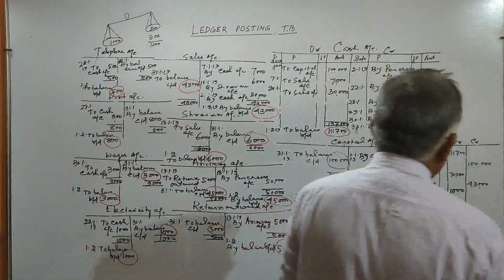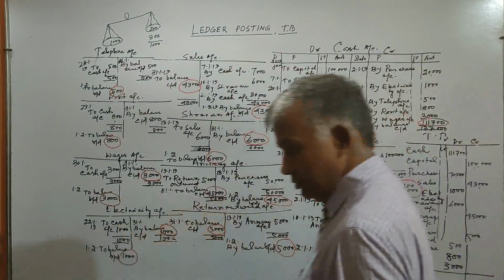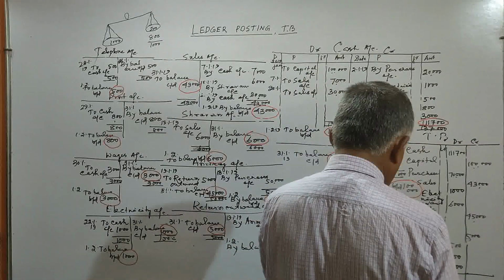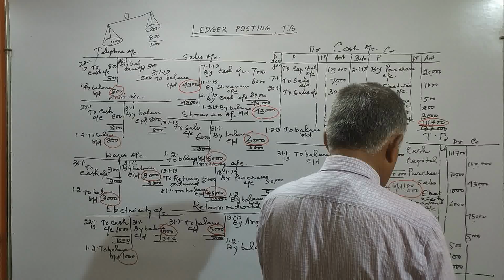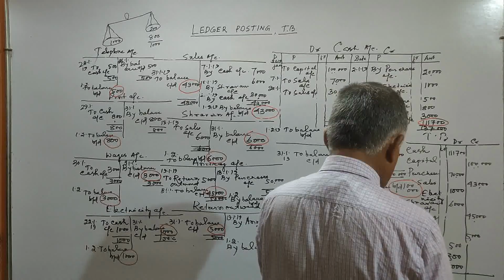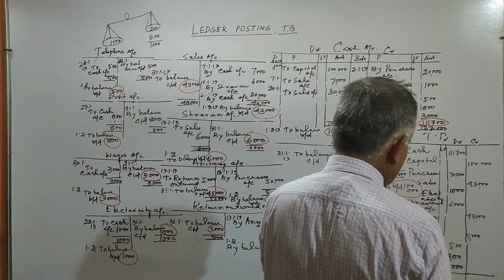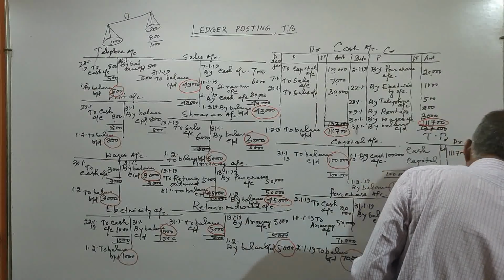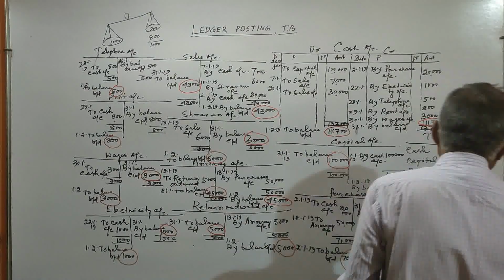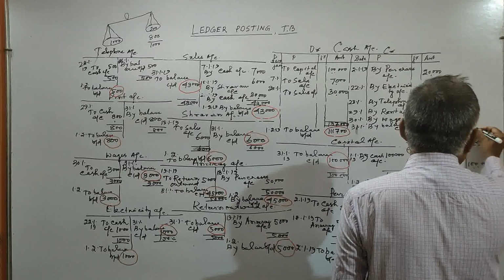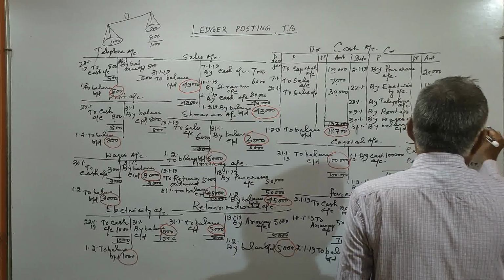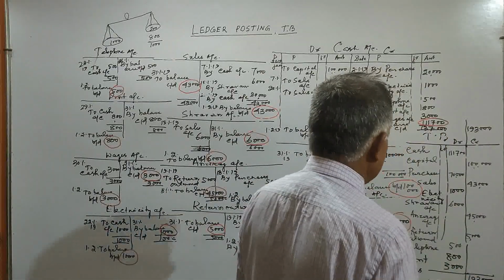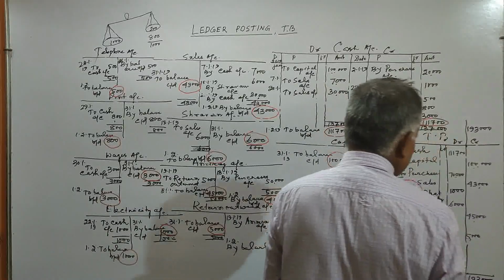If we make a total of the debit, 1,43,000, I am writing the total here so that you can see 1,93,000. But friends, you write in the bottom 1,93,000. This is your total.